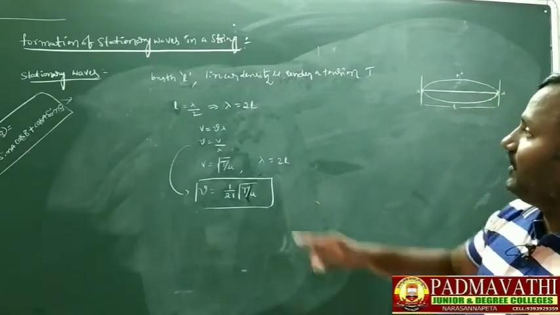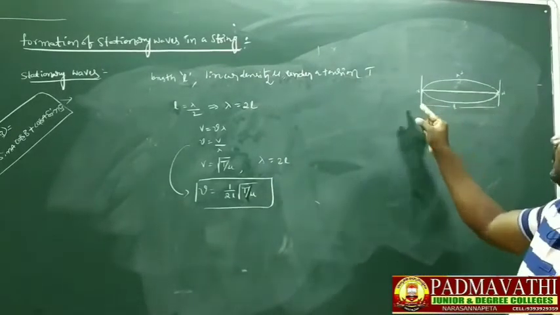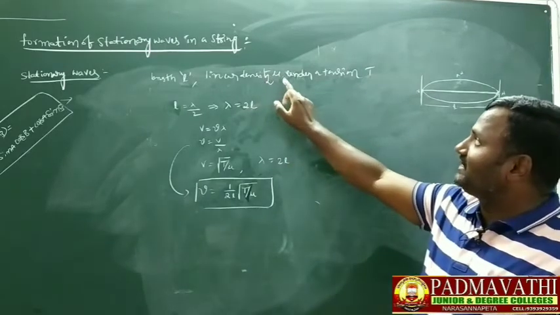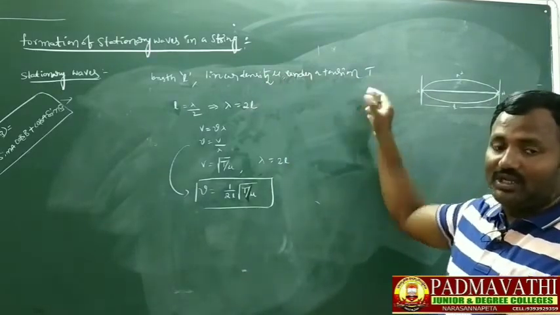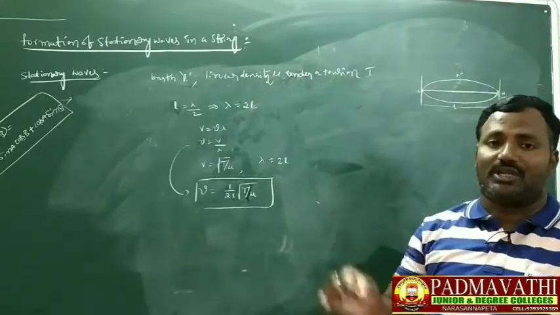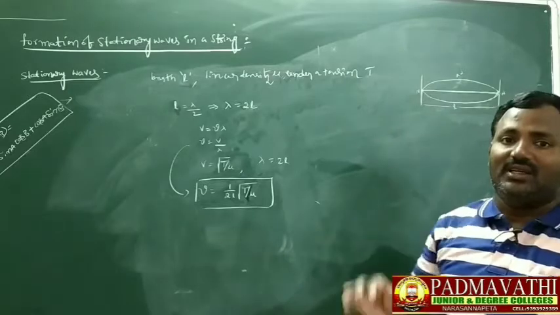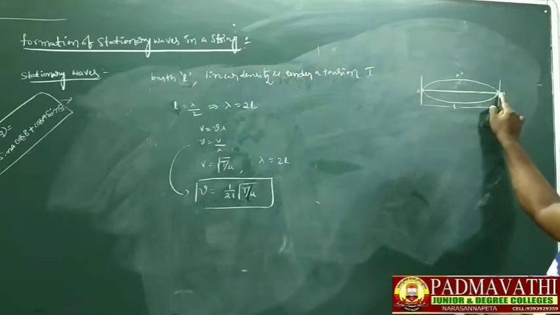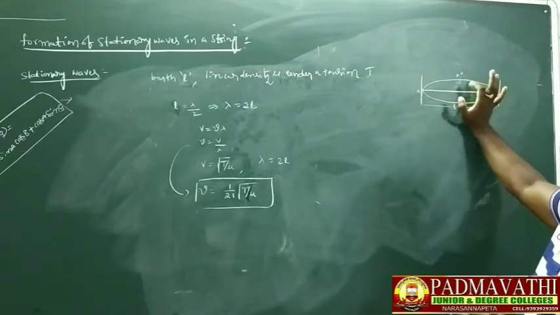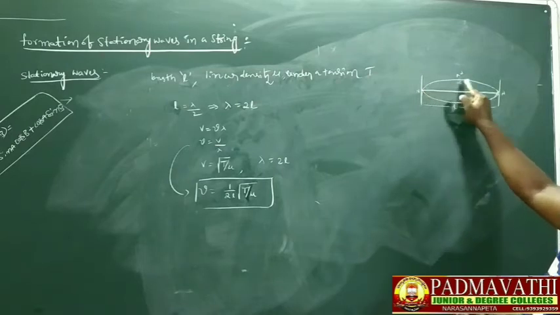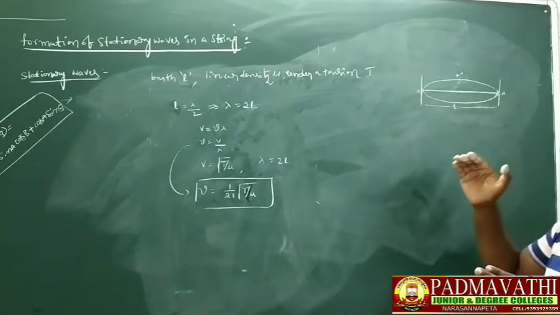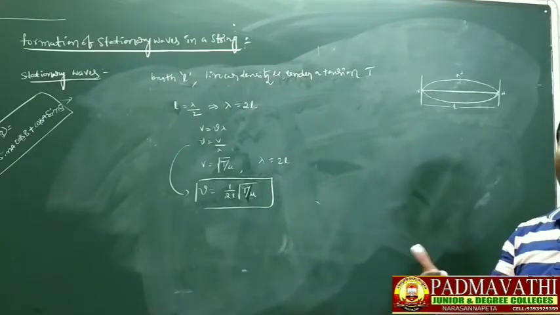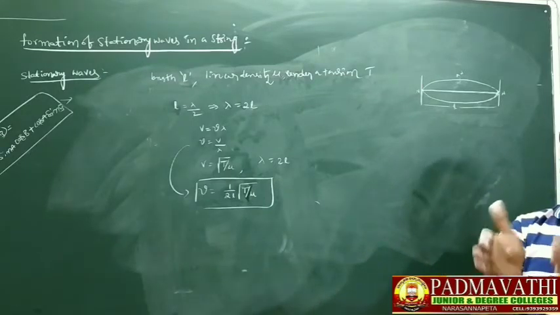Let us repeat. Consider one of the string, length L and linear density mu under a tension T. The string is fitted into two rigid supports. Now the string is vibrating, so the stationary waves are formed. The wave is incident at the second end of the rigid support, then it is reflected and the two waves are superimposed.